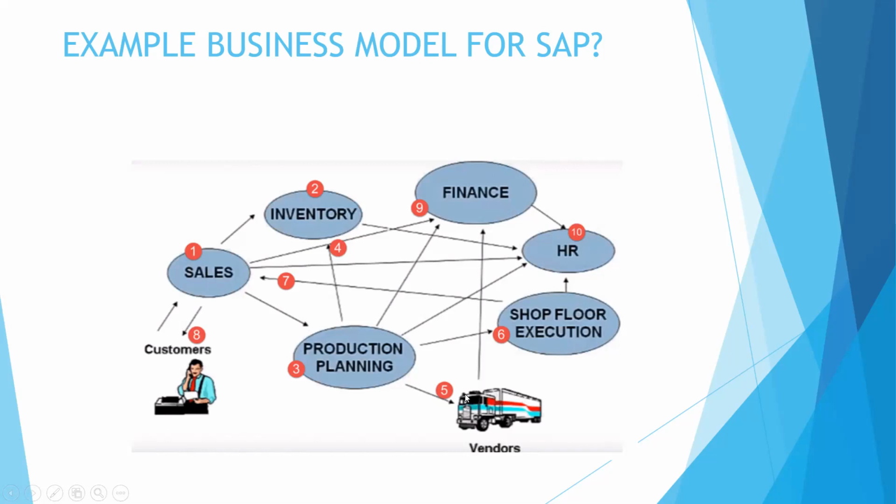Okay, ready. Then the next step, shop floor execution. Shop floor means engineering or manufacturing or something like that. It is ready. Then the 7th step, again it will go to sales, and they will do the delivery. Once they do the delivery, the customer receives the stock.